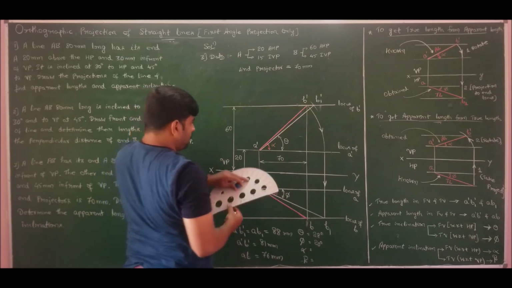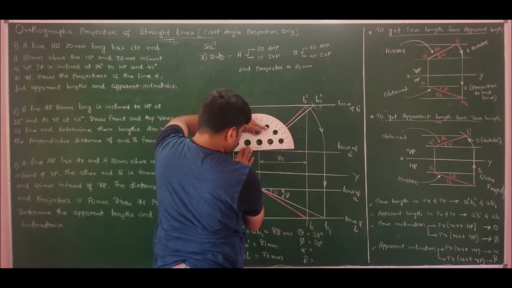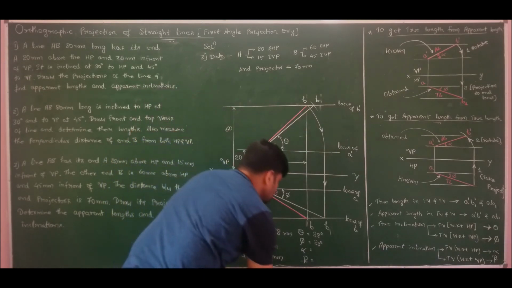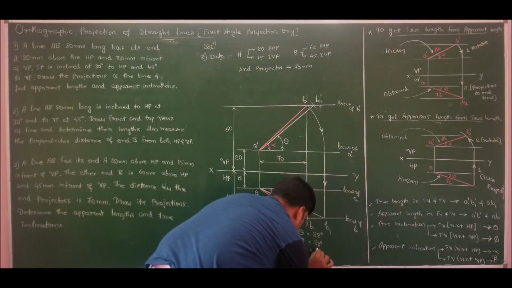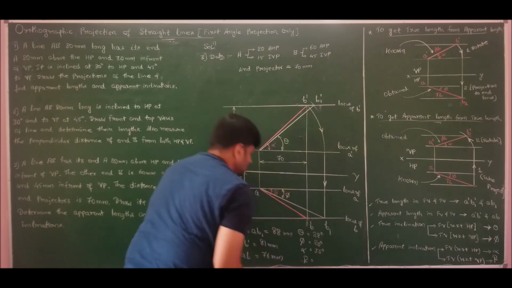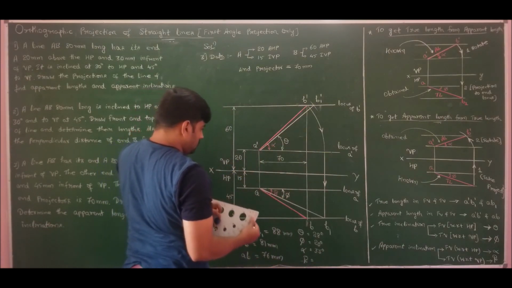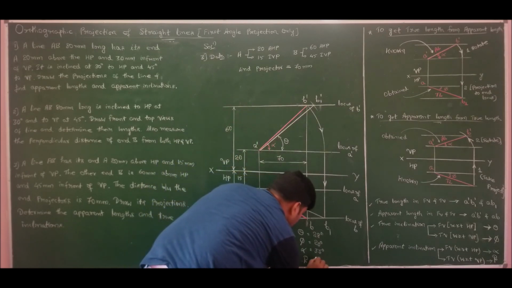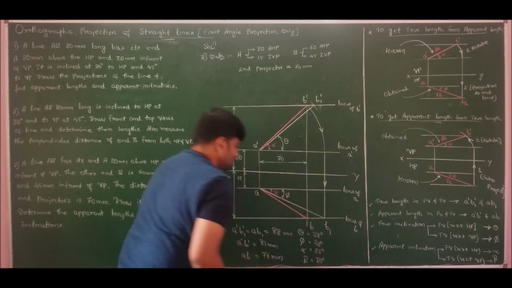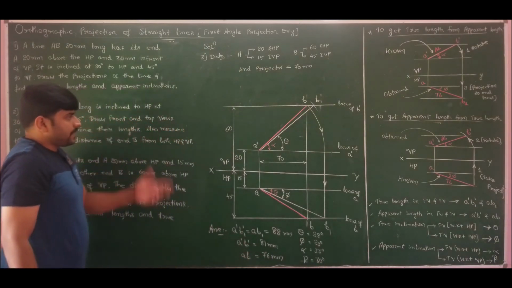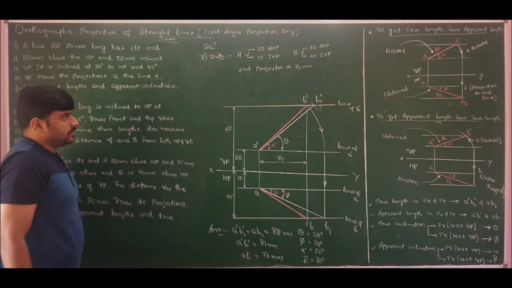Coming for alpha and beta. Alpha is 33 degrees. And beta will be 30 degrees. So this is the solution for the given problem.